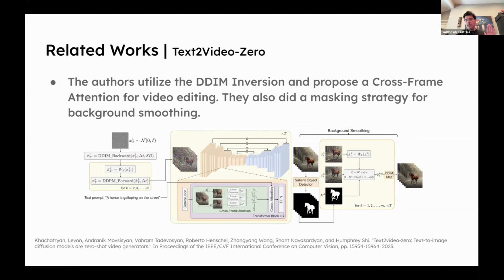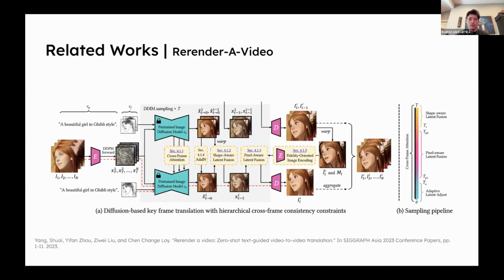You basically find the mask of the horse and say, okay, I want to change this object and not change the background. In that case, you are doing background smoothing to change just the object. Re-render video is a little complicated, so I will just try to read the important parts.